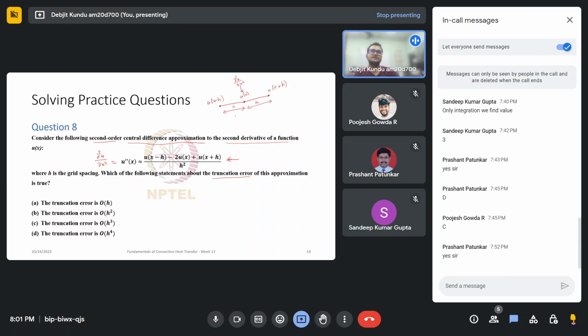I guess in the class, instead of h, we had delta x, and this was given as order of delta x to the power n for different schemes. So if we use this scheme, what is the order of the truncation error? Is it order 1, 2, 3, or 4? We have one response telling it should be option B, that is second order. Let's see what others have to say.